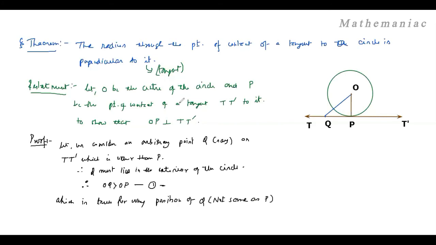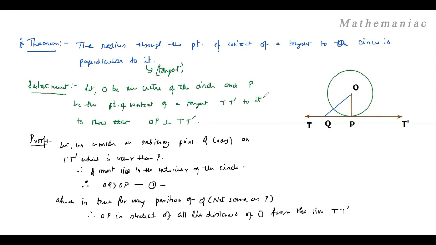If it is true, what does it indicate? Every time you are getting OP as the shorter one. That means overall what you can say: therefore, OP is the shortest of all the distances of O, that is the center I'm talking about, from the line TT dash.